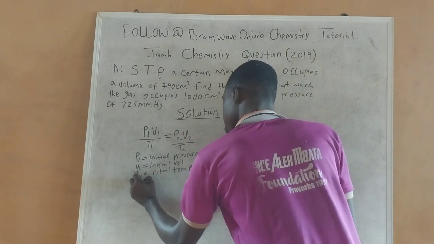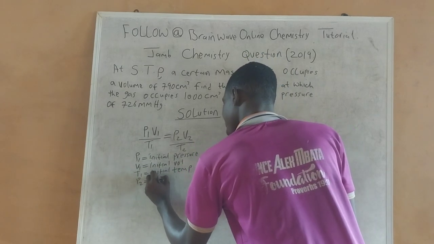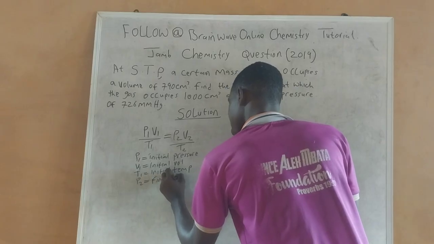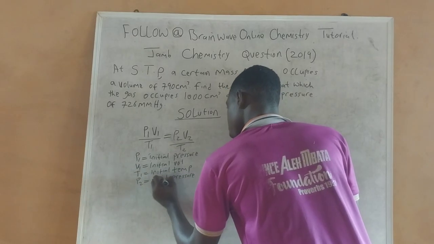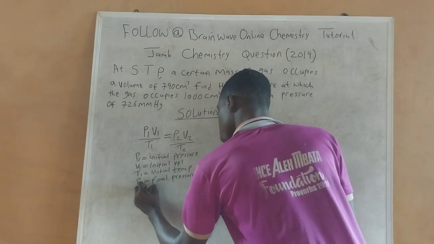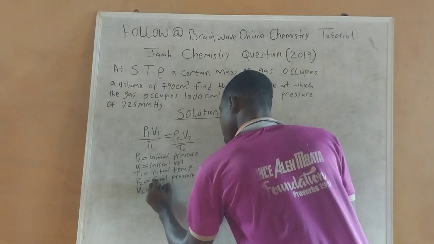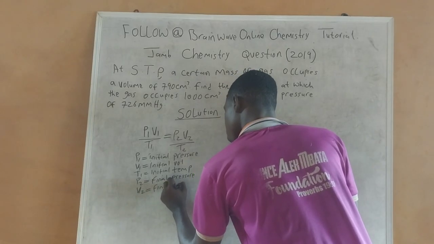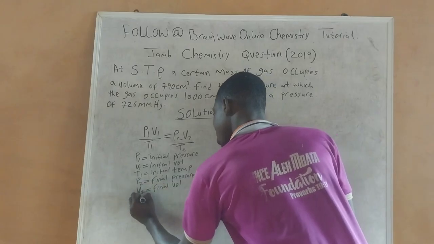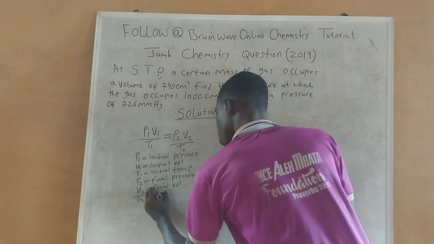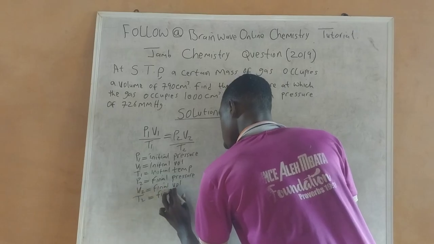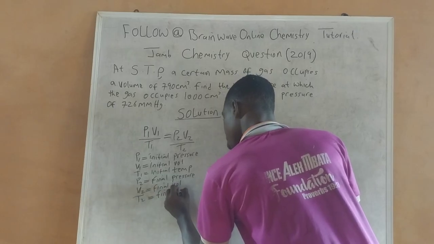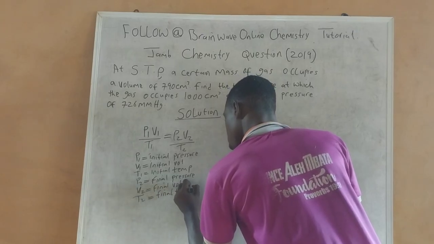Then P2 is equal to final pressure, V2 is equal to final volume, while T2 equals final temperature.